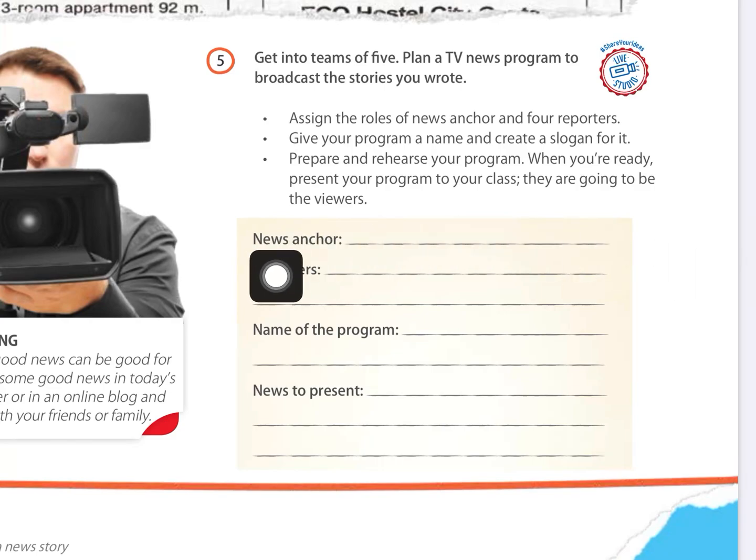So you're going to decide who is the news anchor, the reporters, the name of the program, and the news to present. We are going to explain in class what the idea of the video is going to be.